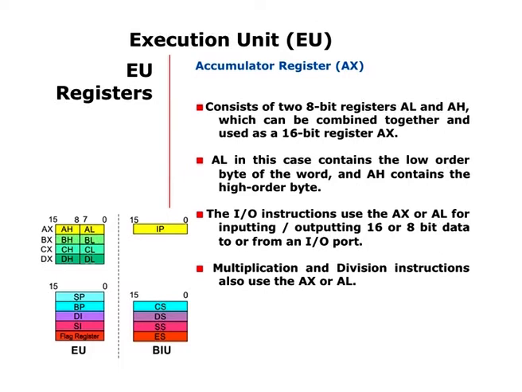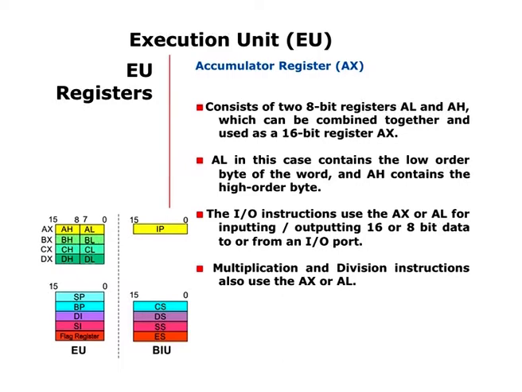the word. The IO instructions use AX or AL for inputting or outputting the 16-bit or 8-bit data to or from an IO port. It means the AX or AL are used as 8-bit port or 16-bit port for performing various IO related operations.